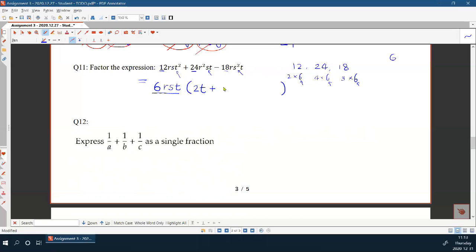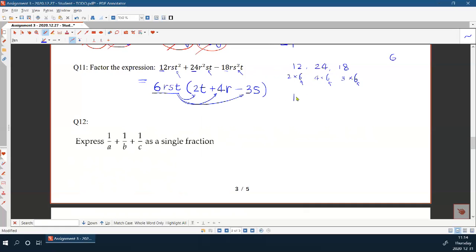The second term would be 4r. And the last term is minus 3s. Okay, when you finish this step, it's better for you to verify the result using the distributive laws, right? Just try to recover all the terms to see if it equals the original one, okay?